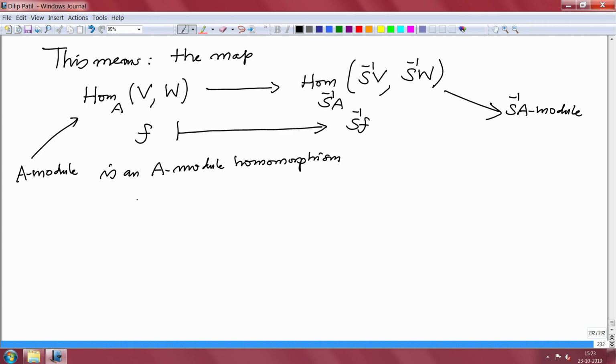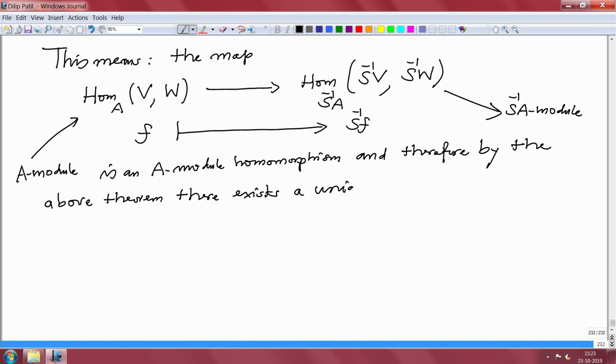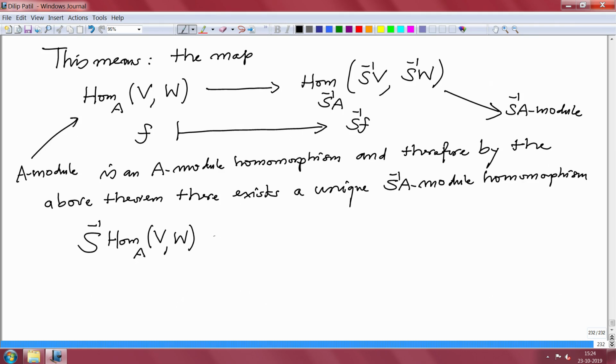So, this is an A module homomorphism, and therefore, by the above theorem, there exists a unique S inverse A module homomorphism from S inverse of this module, S inverse Hom A V W, to Hom S inverse A, S inverse V, S inverse W.